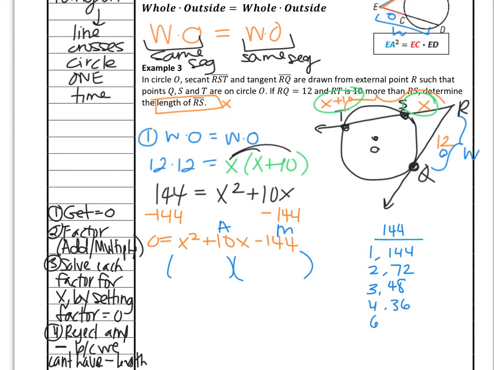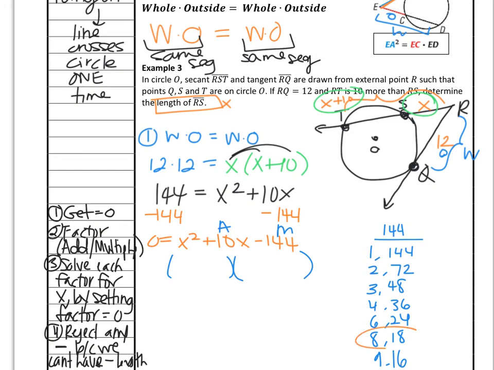If I divide by 6, we get 24. 8 is 18. So again, I'm just doing this all in my calculator. 9, 10, nope. We could do 9. 144 divided by 9 is 16. All right, so let's see if any of these pairs would help us add to 10.